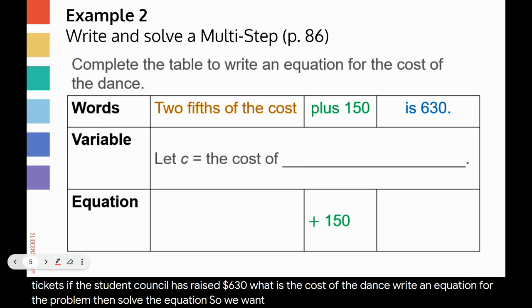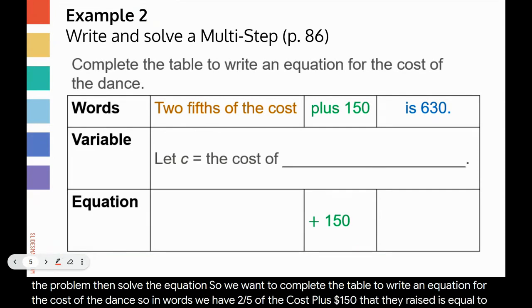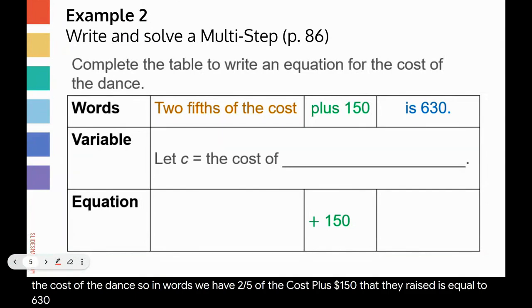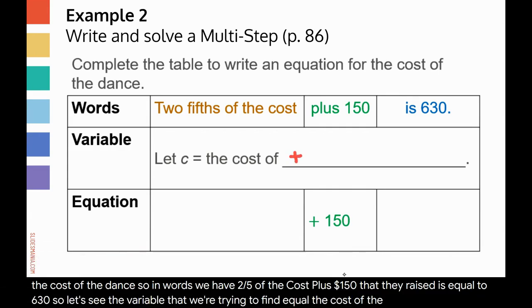So we want to complete the table to write an equation for the cost of the dance. So in words, we have 2/5 of the cost plus $150 that they raised is equal to 630. So let's see, the variable that we're trying to find equals the cost of the dance.